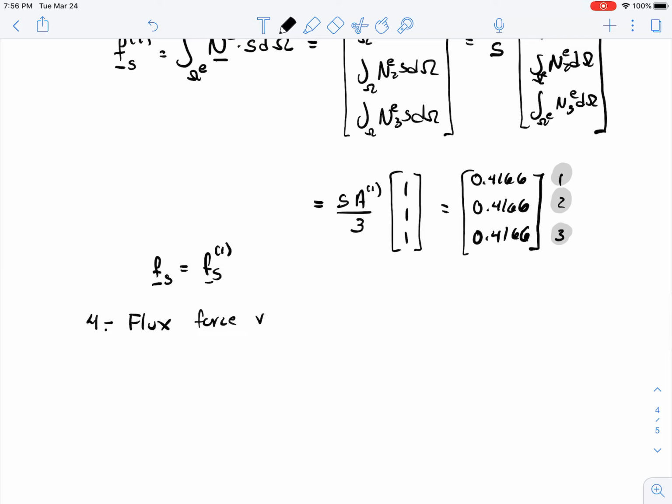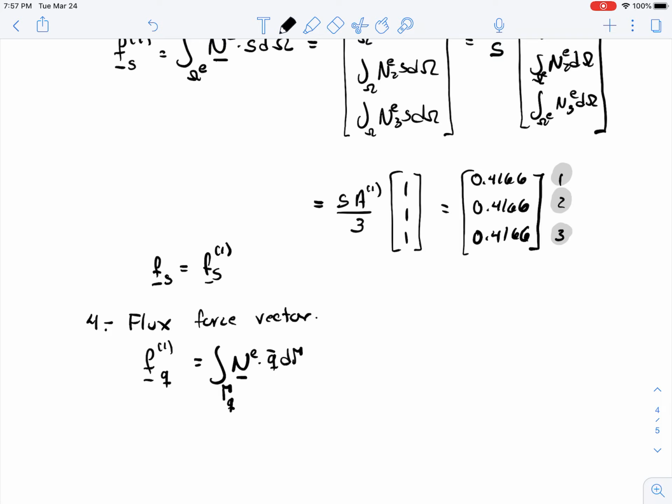Then let's do the flux force vector for element 1. So fq, what is the definition? The definition is the integral over gamma q of shape functions times q bar. In this case, it's integrals over edges because it's integrals over part of the boundary.